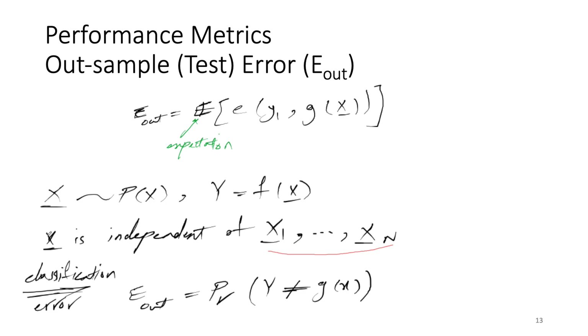Those that we haven't seen, right? So the classification error for E out would be the probability of the cases that our final candidate hypothesis was not able to classify correctly after we wanted to match with the true label. So it was classifying a green marble where the label was red, or the other way around.